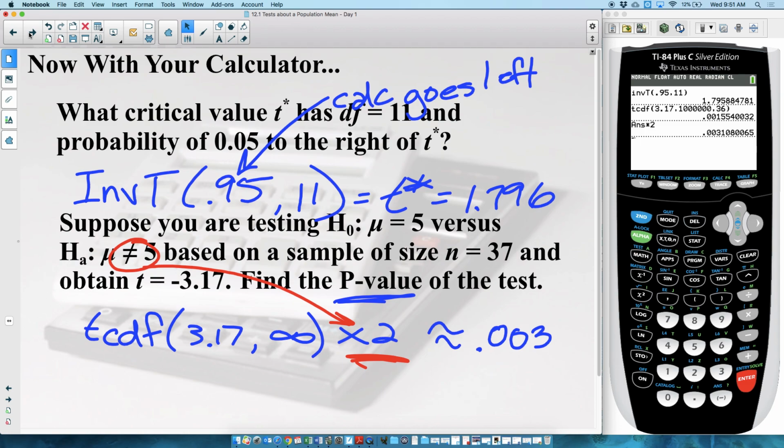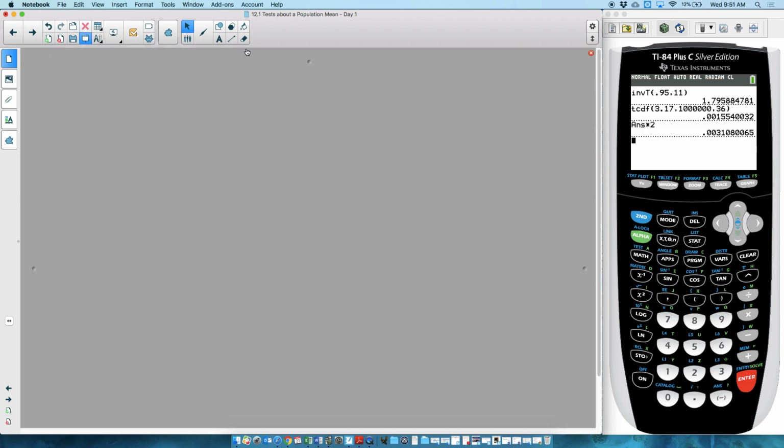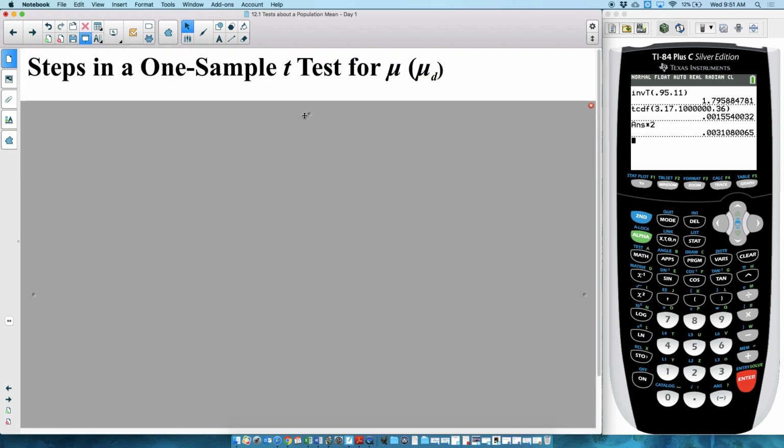Okay. So now let's go through our steps in a one sample t-test for mu or mu sub d. This was where I was going to split it up into 2 parts, but I think we can handle it because it's just one word different. So steps in a one sample t-test for mu, or in parentheses, I put mu sub d.